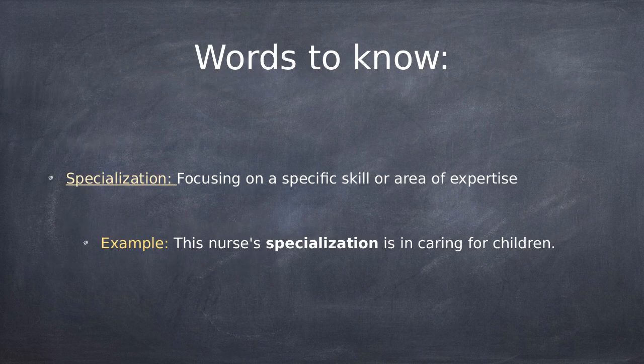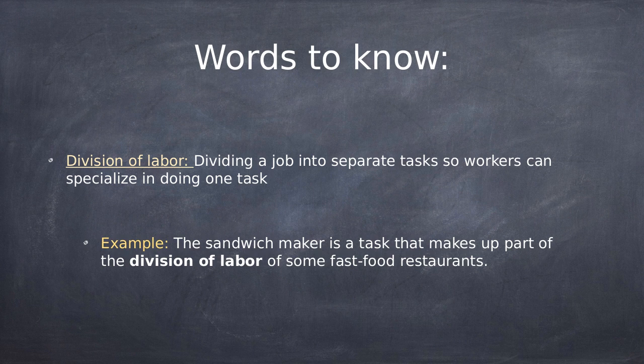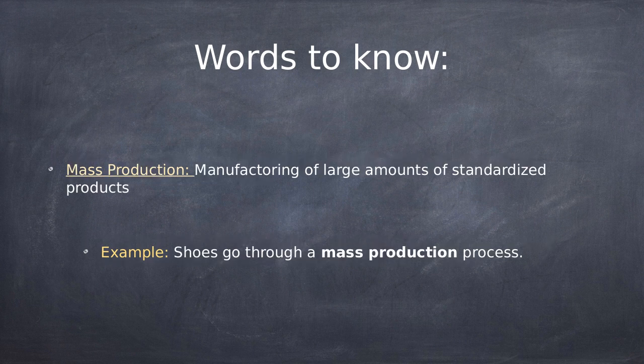So first and foremost, we're going to get into the vocabulary words. Specialization is focusing on a specific skill or area of expertise. The next one is division of labor, dividing a job into separate tasks so workers can specialize in doing one task. Mass production is manufacturing of large amounts of standardized products.